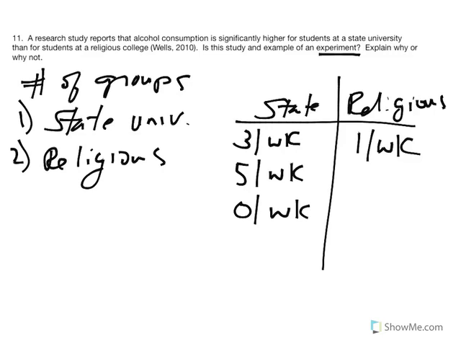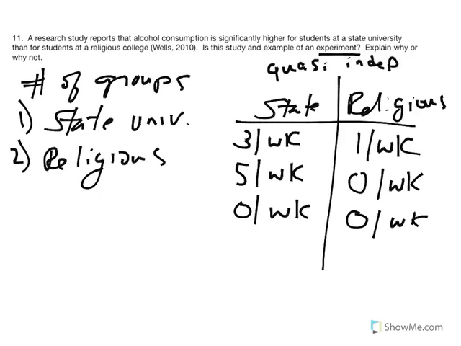The next student says 0 drinks per week. The next person says 0 drinks per week. So again, this is the dependent data, and the quasi-independent variable will be the type of school that they attend. So again, even though we have two groups, we recognize that it's not a correlational study, but it is an example of non-experimental research.